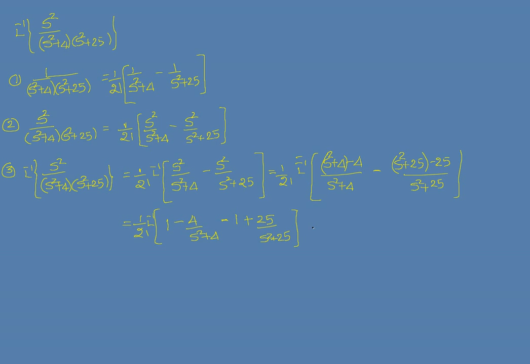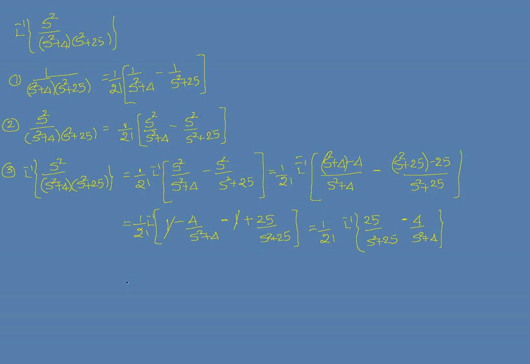Okay. So this plus 1 and minus 1 will get cancelled. Therefore 1 by 21 into L inverse of, you are left with 25 by s square plus 25 minus 4 by s square plus 4. Okay.